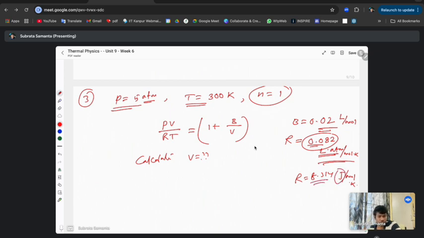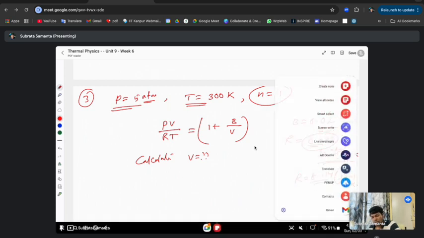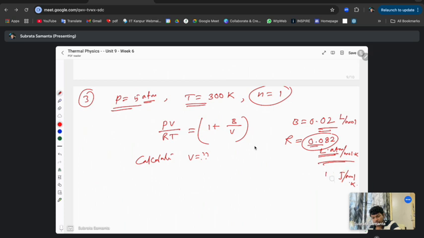So this is crucial. In this case all are in liters, so I use 0.082.